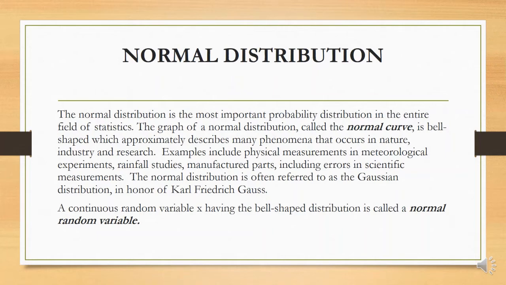The curve that I was discussing earlier is what we call the normal curve, which is a bell-shaped graph which approximately describes many phenomena that occur in nature. Okay? An example of that is your quiz scores. When we graph those, supposedly, that should be your graph. So if, for example, the mean and passing is 50, here is 0 and here is 100, when we graph that, your scores should be here. You are close to 50. This is the bell-shaped graph.